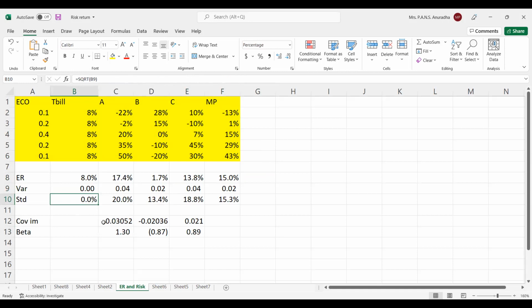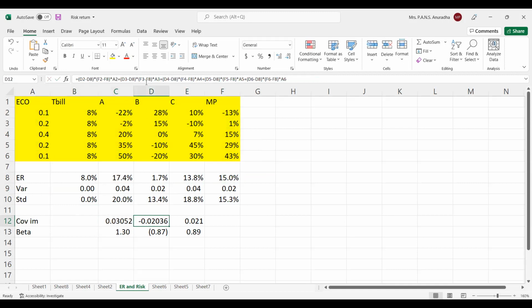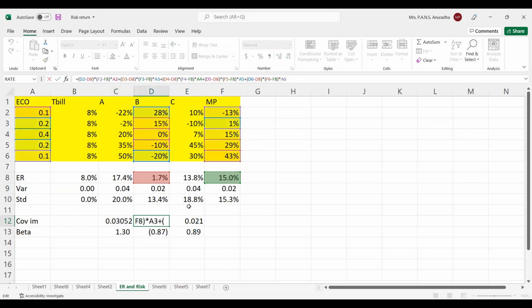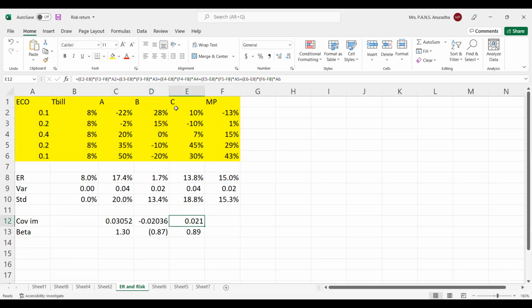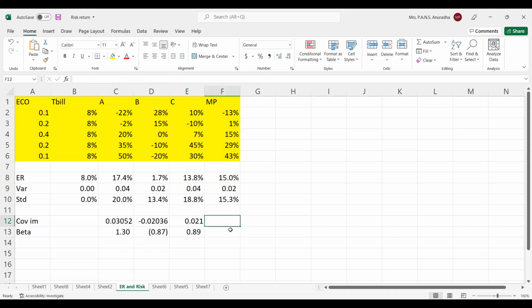So now here, the covariance: this is stock A, right? This is the covariance of stock B. This is the covariance of stock C, right?